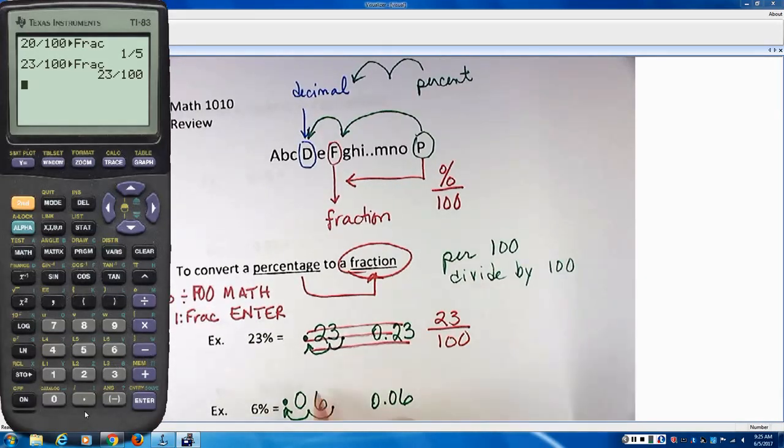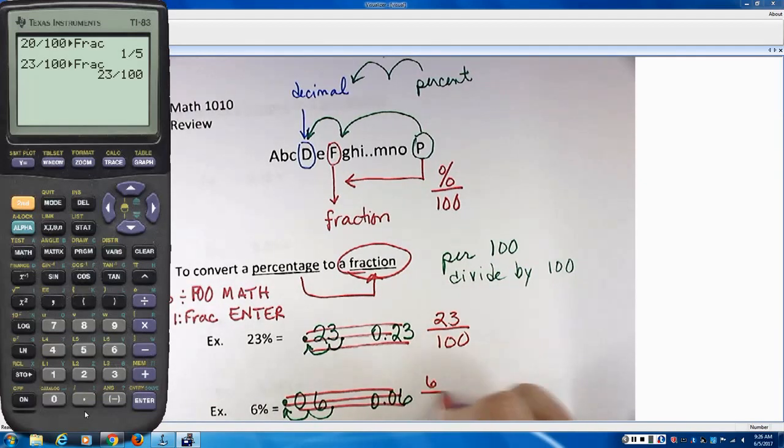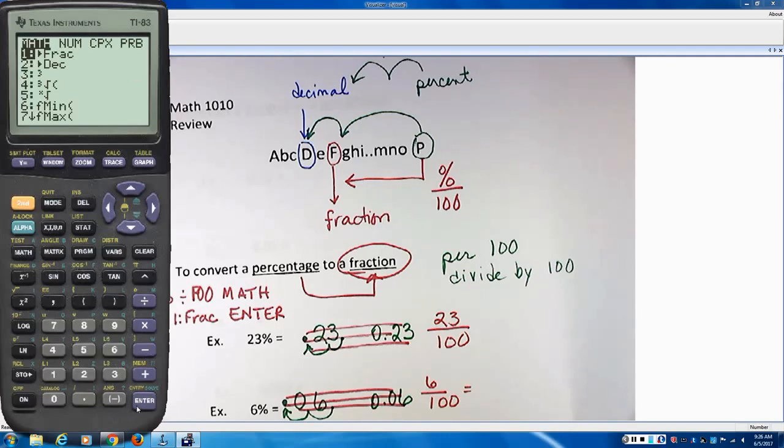And then 6% is going to be 6 over 100. But when you put in the 6 divided by 100, and you ask it to change that into a completely reduced fraction, it tells you that's 3 over 50.